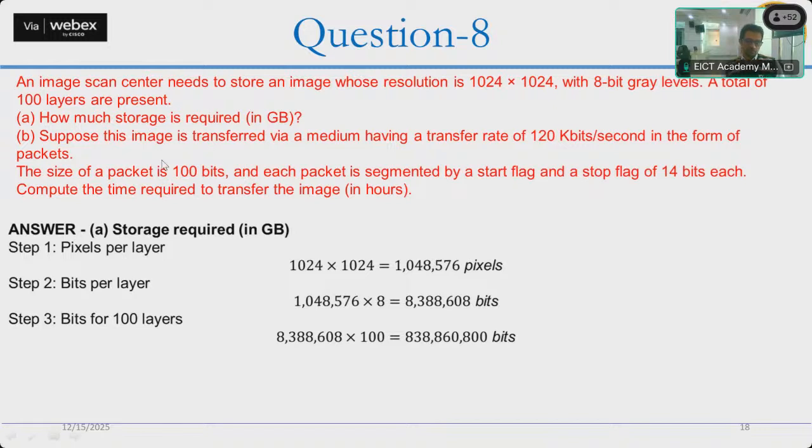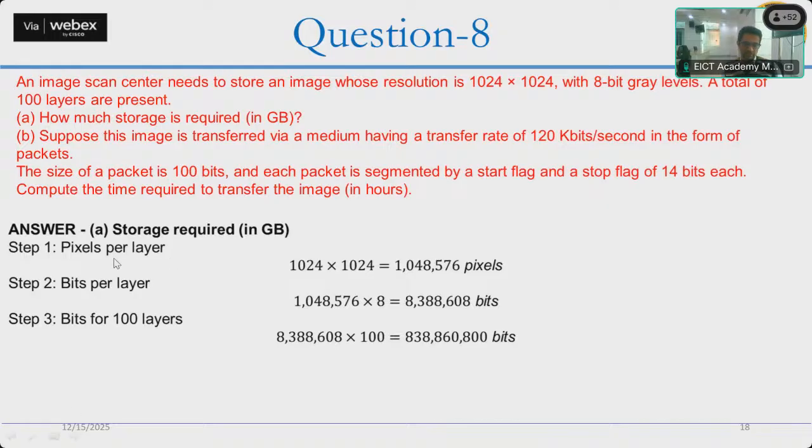So how much storage is required? Earlier we calculated bits in the form of KB. Here it is required in GB.